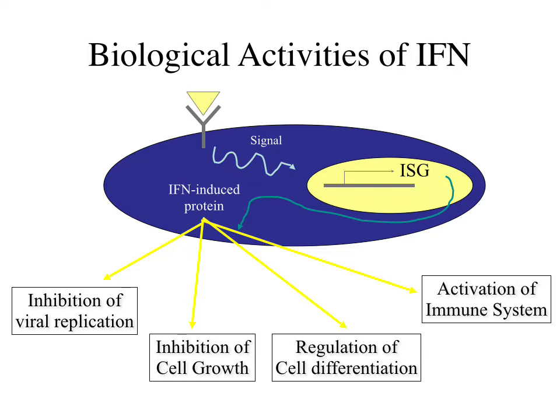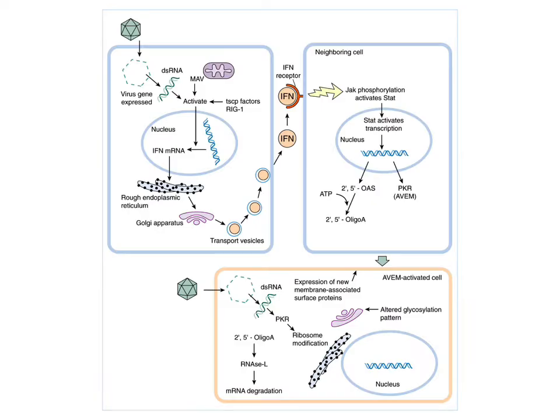But probably most importantly, it also leads to the induction of the antiviral state. So let's look at what that is. Okay, so with the antiviral state, viruses will fail to replicate, or they'll replicate to much lower titers.